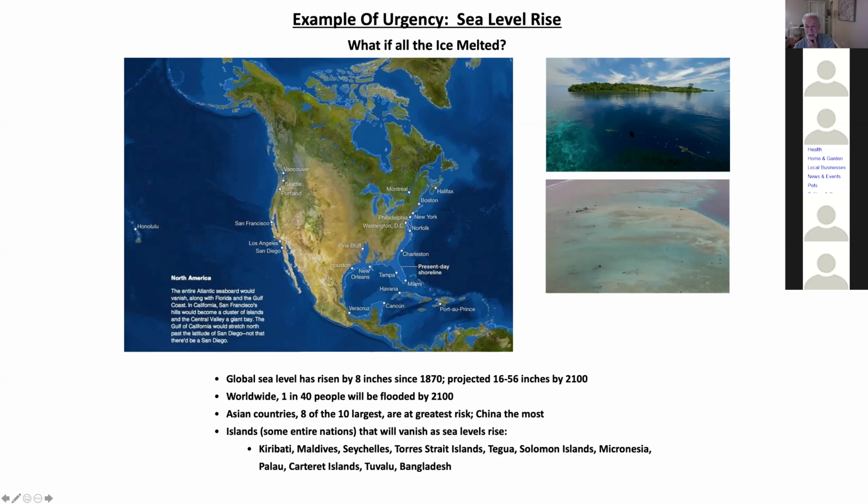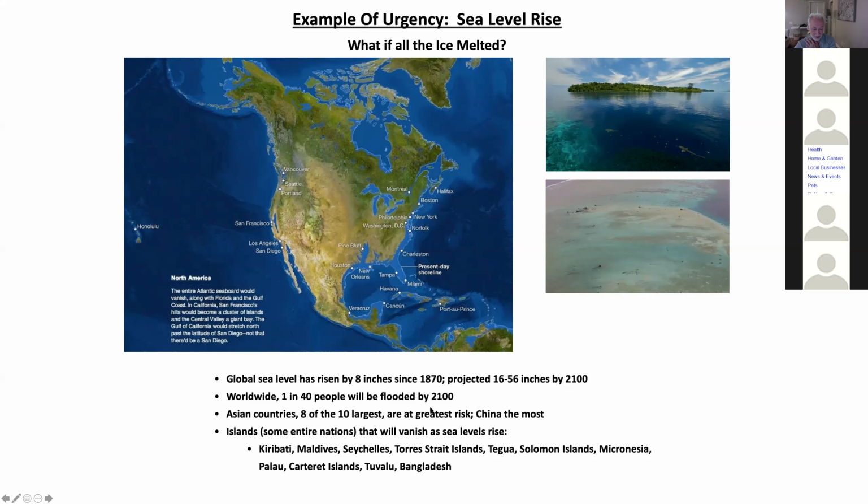On the right here, I have a picture of an island as it used to exist and what it looks like now. This is somewhere in the South Pacific. Global sea level has risen 8 inches since 1870, projected to go as high as 56 inches, depending on where on the planet you are, by 2100.